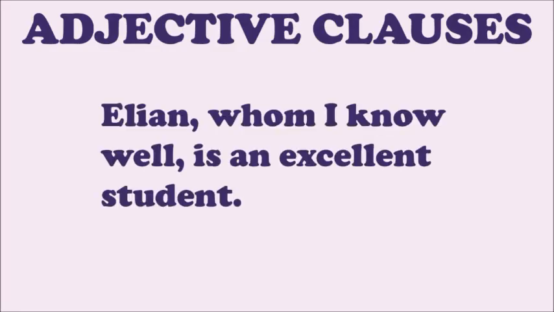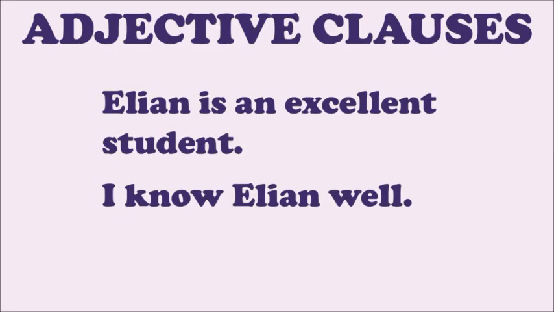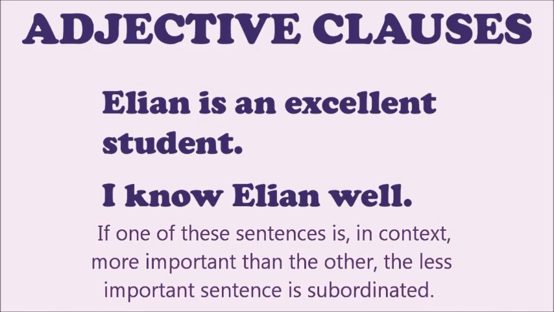This complex sentence is based on two simple sentences. Elian is an excellent student. I know Elian well. If one of these sentences is, in context, more important than the other, the less important sentence is subordinated.